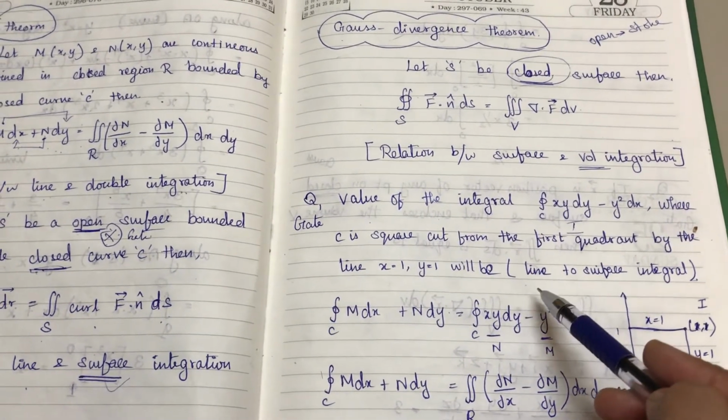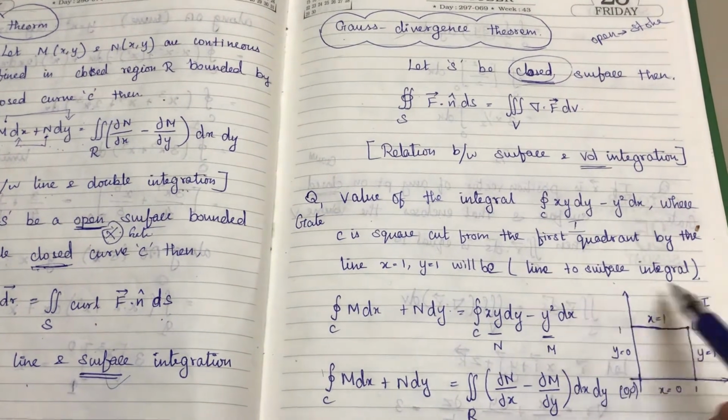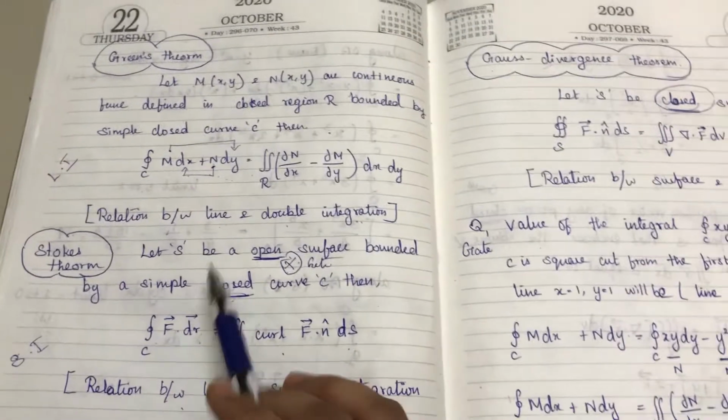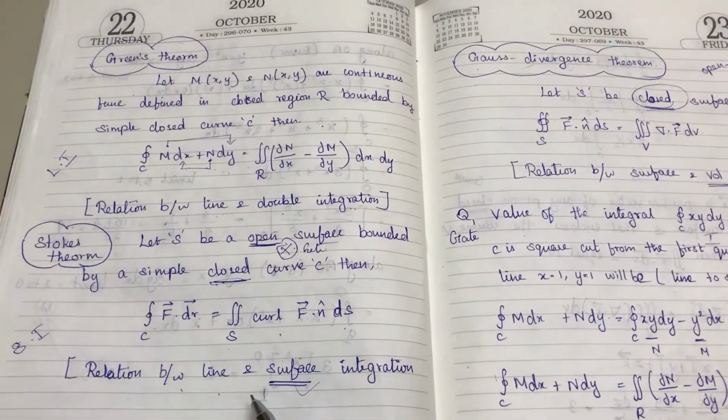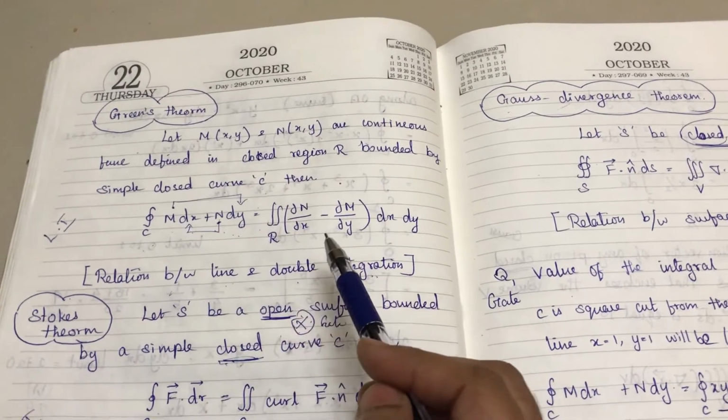And they have given a line to surface integral. Line to surface is what? The first one. So we need to go for the first one.